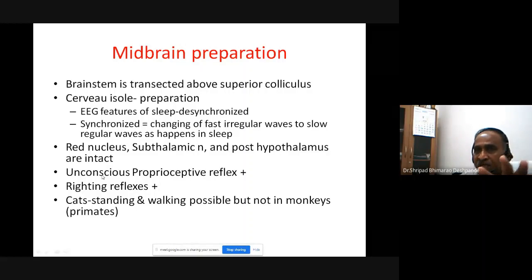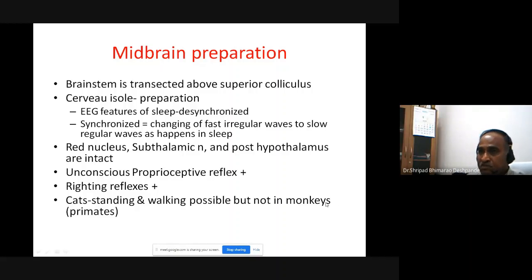Now the red nucleus, subthalamic nucleus, and posterior hypothalamus remain intact in this midbrain preparation. The unconscious proprioceptive reflex will be present or exaggerated. Righting reflexes are exaggerated. Animals, especially cats, can stand and can walk. These animals can be made to walk, but not monkeys and primates.